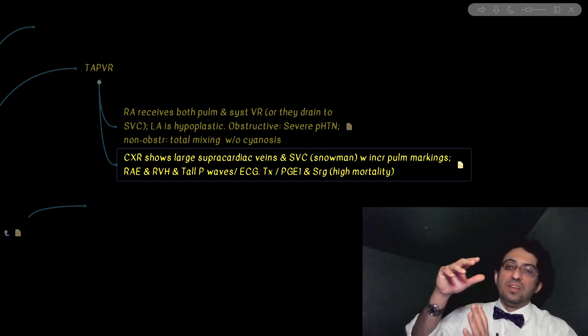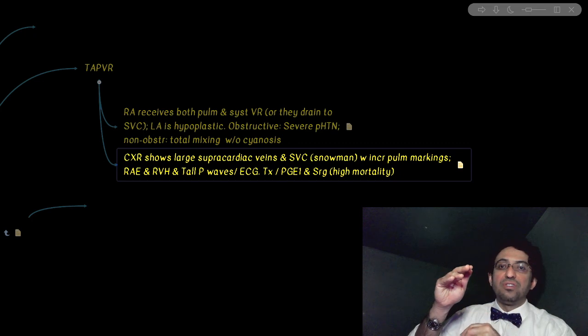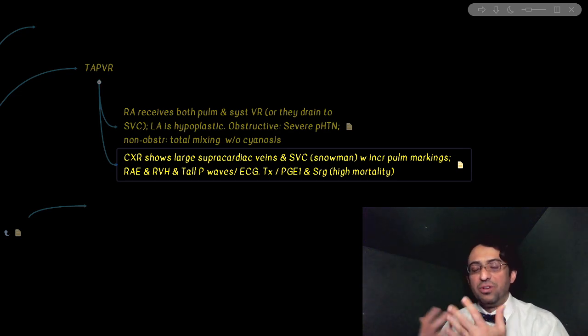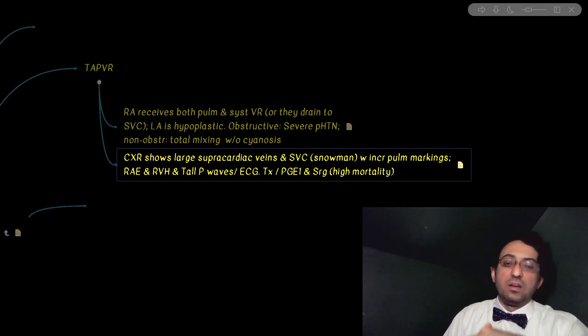It is this supracardiac vein or brachiocephalic vein that receive the venous return together with SVC that form the head of a snowman, and enlarged right atrium in cardiac silhouette forms the body of the snowman together, forming this snowman appearance on chest x-ray, especially for the most common subtype of TAPVR, which is the supracardiac type.